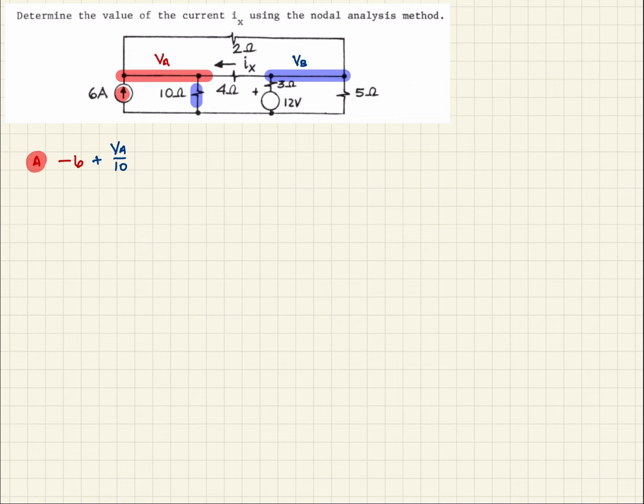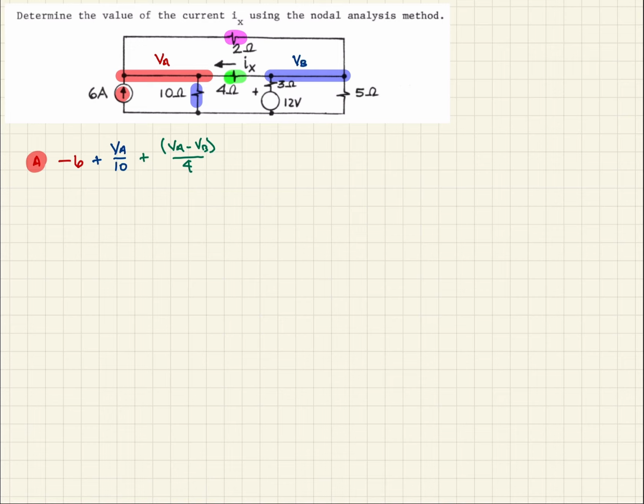And then next we're going to see this resistor here. When we look at that one, that's going to be the difference in the voltages, VA minus VB, over the resistance, 4 ohms. And then finally, we have this resistor here.